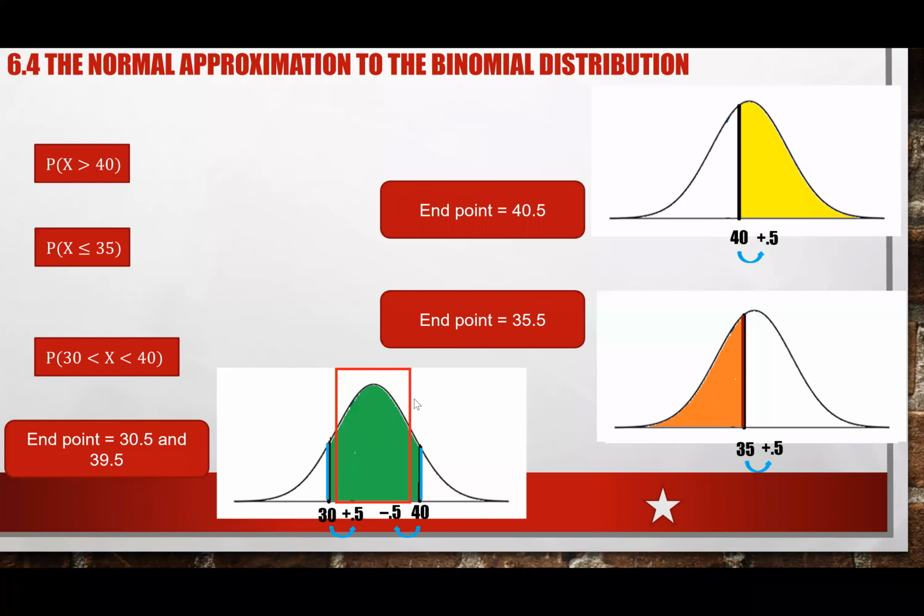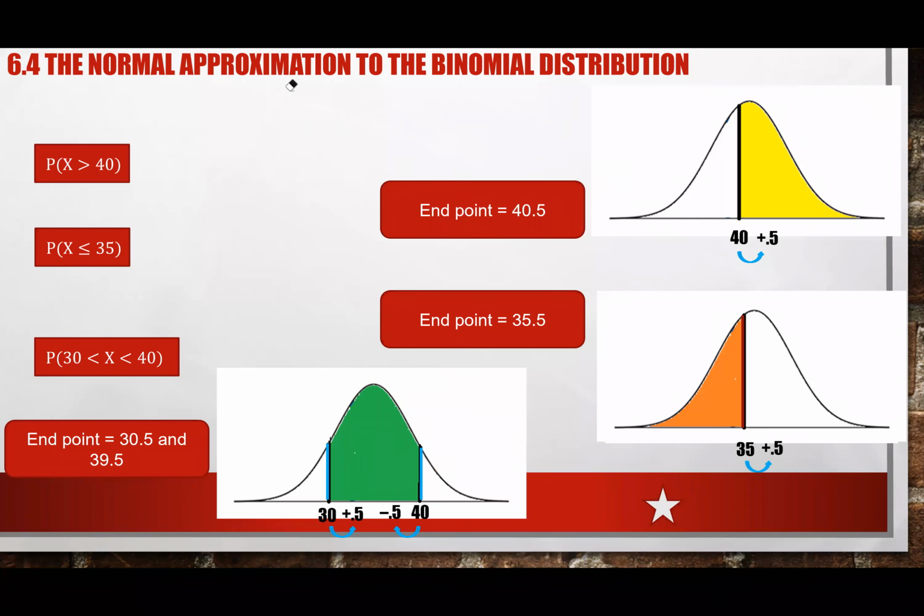The only way that I can narrow this area down is to move inward from both endpoints, right? Whatever endpoint you have, you must either add 0.5 or subtract 0.5. So we cannot just add 0.5 at the 30 and add 0.5 at the 40, because we don't include the 40. We cannot include this region if it's not in our criteria. That's why I asked you to ask yourself, right?